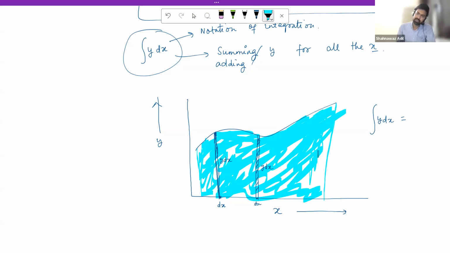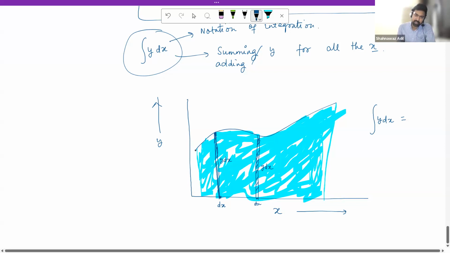So the integration of some quantity, and let's say this would be some fixed quantity. So let's say this would be some x1, and this would be some x2. So I can put some limits also.